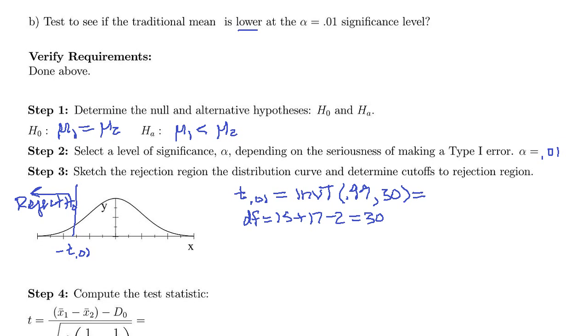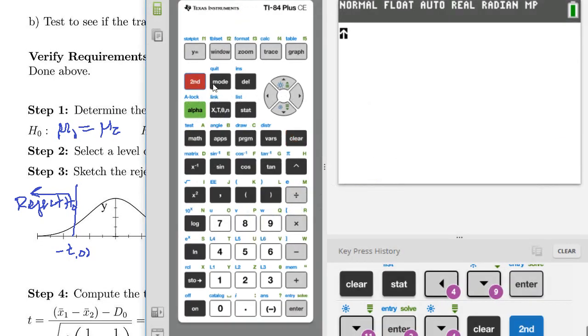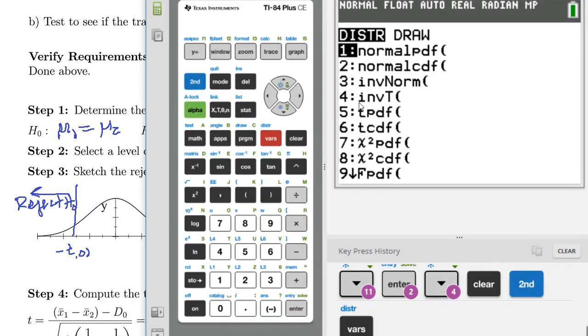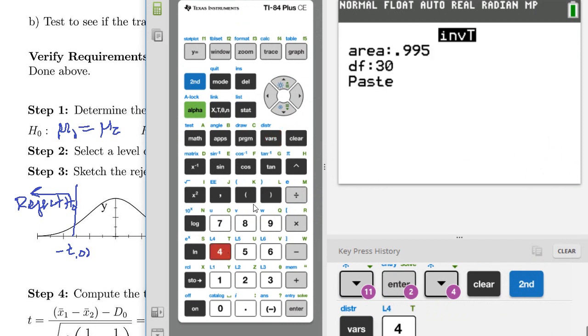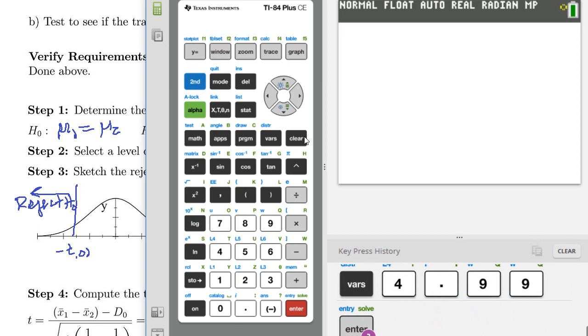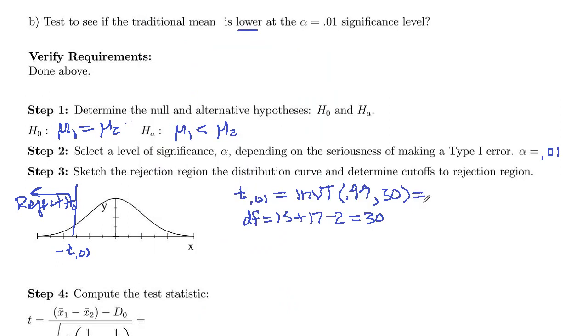Key that into the calculator here. Second variables, inverse t, number 4. We want 0.99, 30 degrees of freedom: 2.457. So 2.46. That means this cutoff here is negative 2.46.